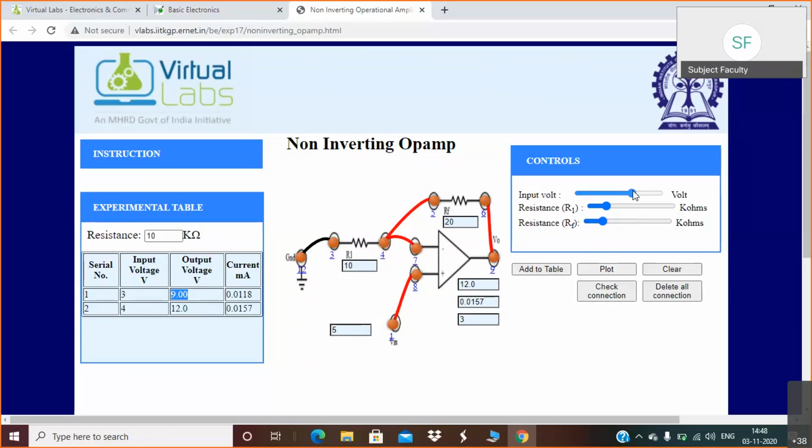Similarly, you can take different readings. For 5 it is 15. For 7 it is 21. For 10 it is 30. Okay. Now once you have taken enough readings, then you can plot those readings.